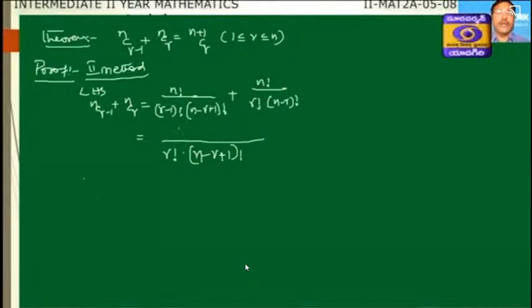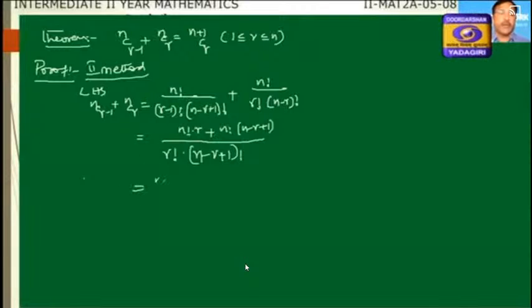Then what do we get? These two will get cancelled and r minus 1 factorial, when it divides r factorial we get r, so n factorial into r plus, so here r factorial will get cancelled, so when we divide n minus r plus 1 factorial with n minus r factorial, we get n minus r plus 1.